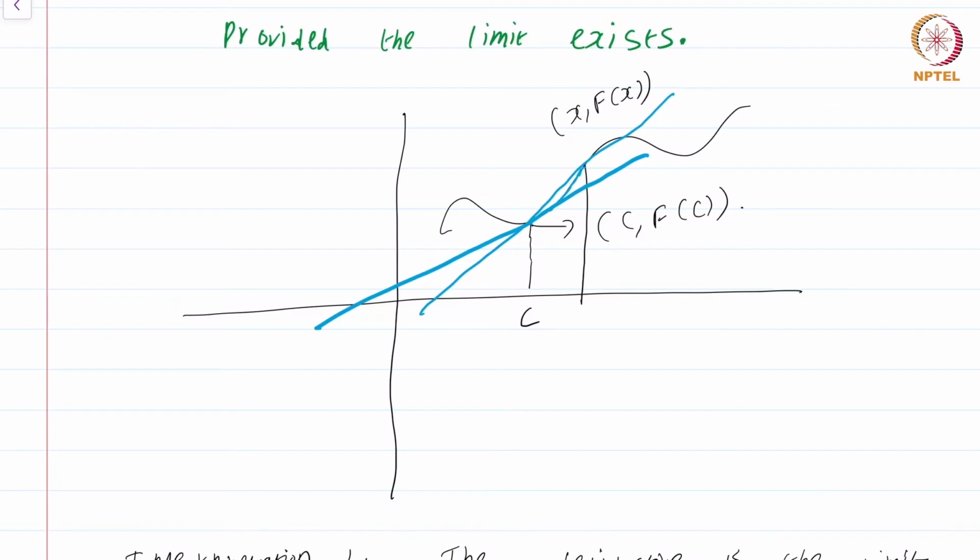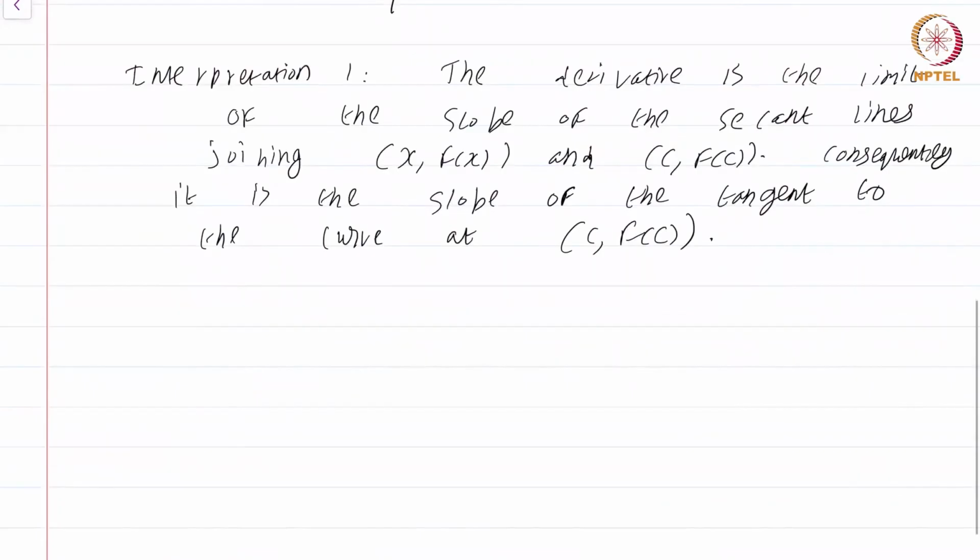Finally, at the limit, it will in fact give you the slope. This is interpretation 1 that you are very familiar with from your high school studies.